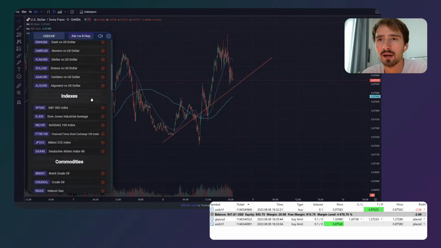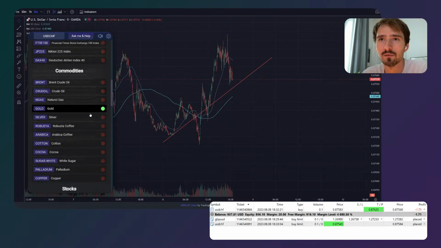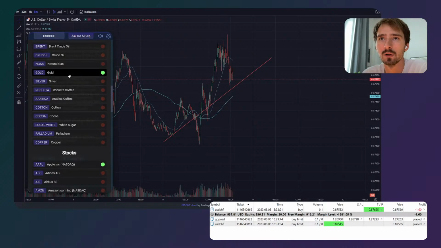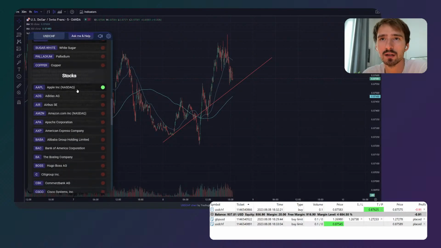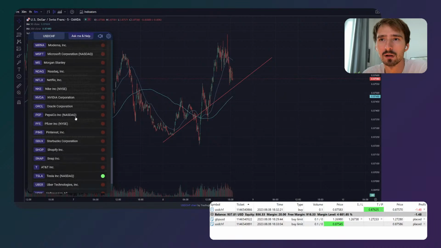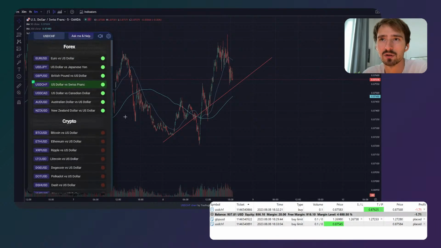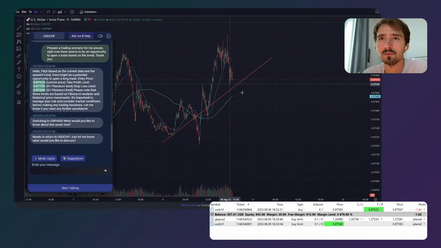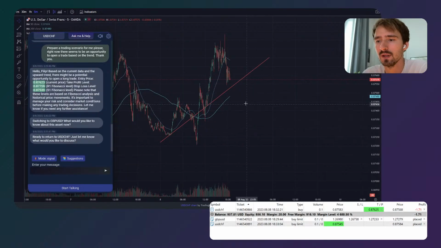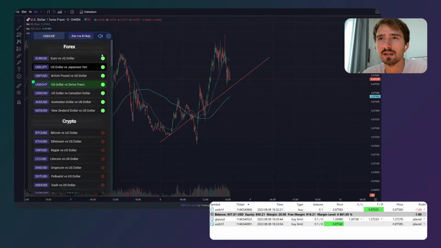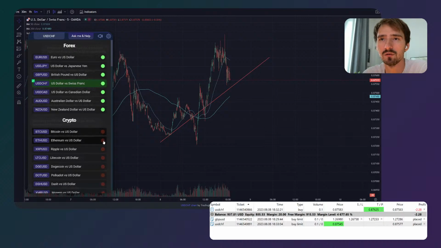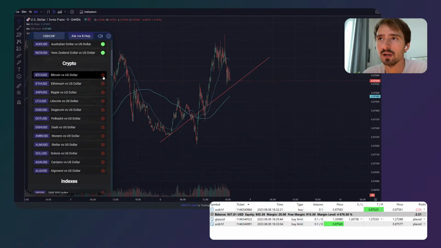By the way, I think I have enabled gold here, so for anyone looking for gold signals, it will be coming to this chat. I've got Apple, Google, Tesla, and that's pretty much it. That's what I'm interested in. When using this AI signaling feature, you have to enable the particular assets here by clicking on the red dot, which will then turn green.